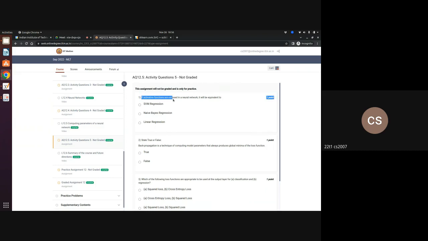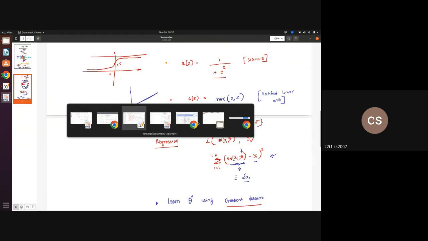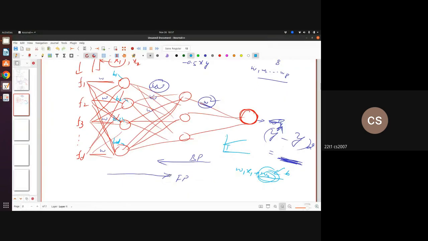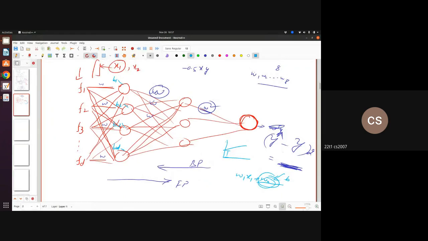If activation functions are not used in a neural network, it will be equivalent to... I told you that at every neuron there is an activation. So this is the value that is produced.